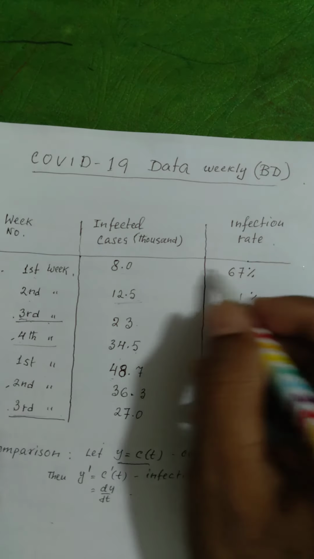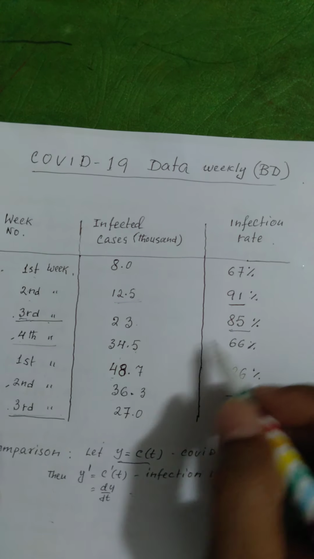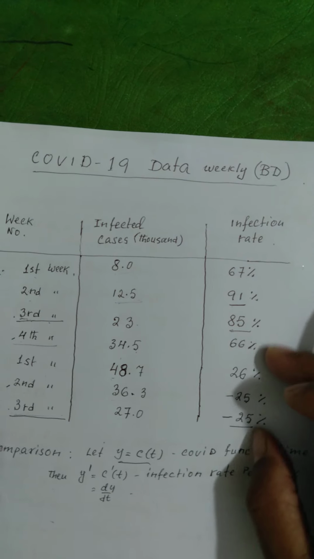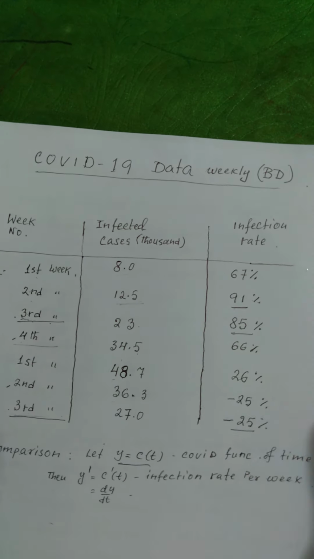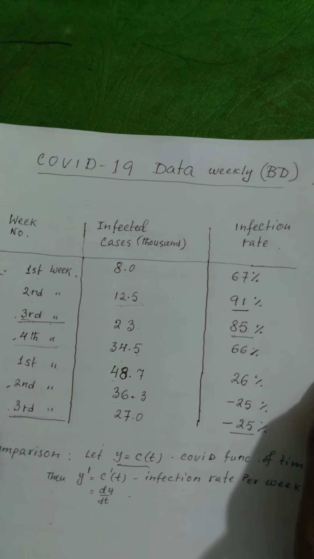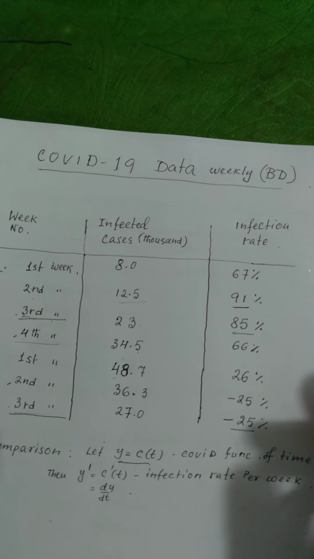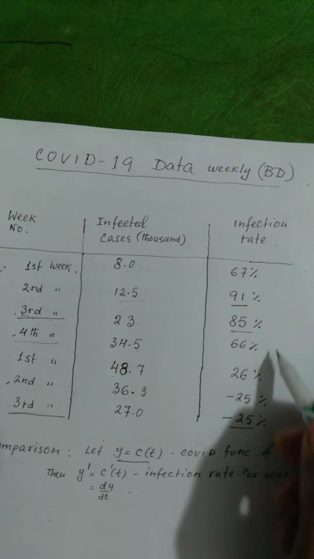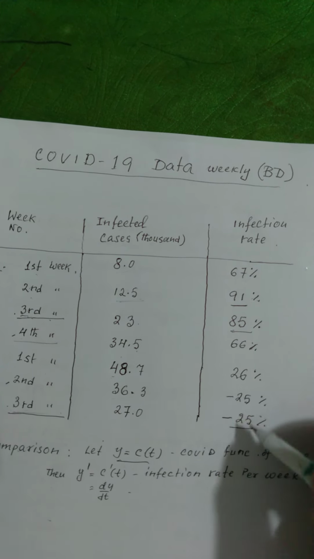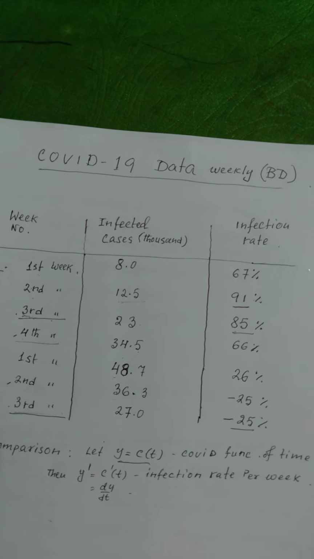If the infection rate started to decrease, it means there was a lockdown and some measures were taken by the government, and we can say that those measures were effective, as the situation is getting better.